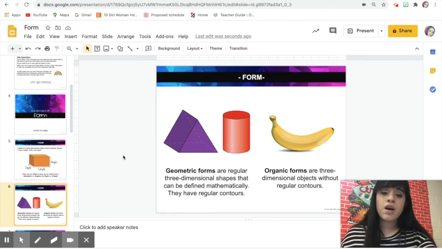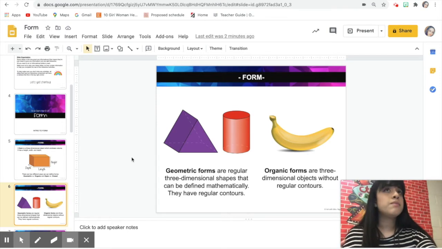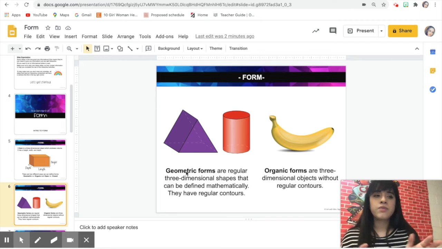Geometric forms are regular three-dimensional shapes that can be defined mathematically. So remember geometric shapes? Well, now there are also geometric forms. They have regular contours, so regular shapes. They're not natural, they're regular.